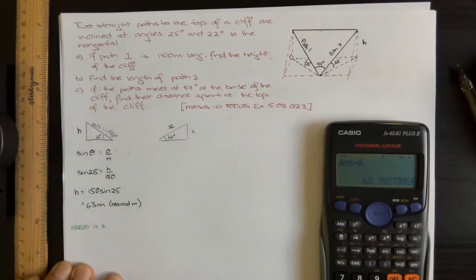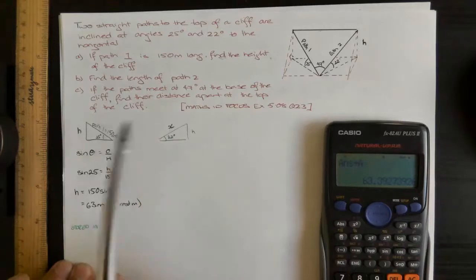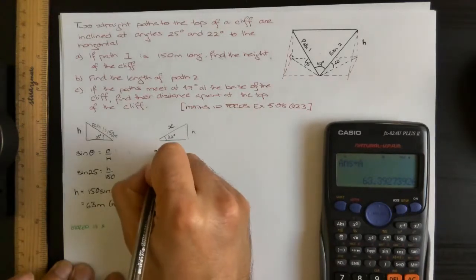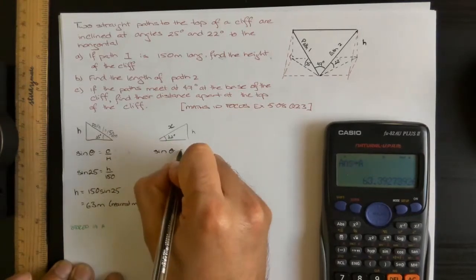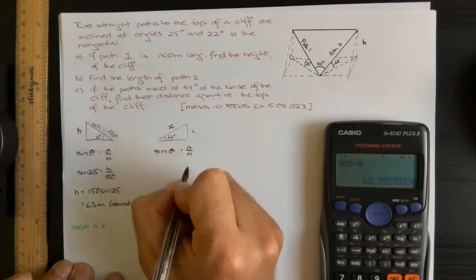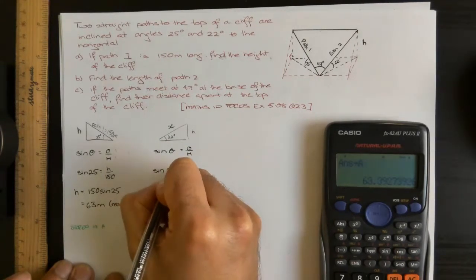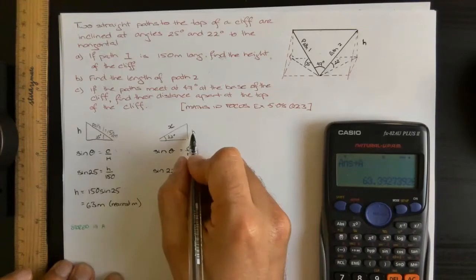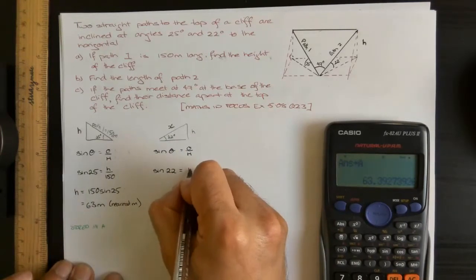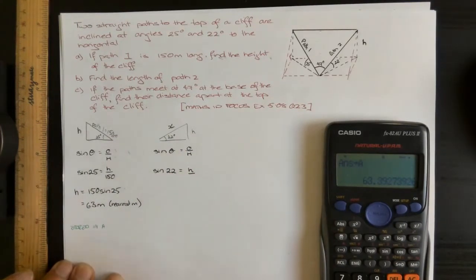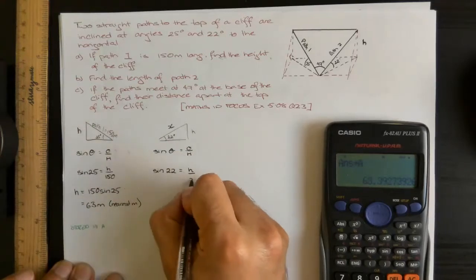So this will be another sine. Sine theta equals opposite over the hypotenuse. In this case, theta is 22 degrees. My opposite is actually my h, so I'm just going to write h. And I want to find what x is.